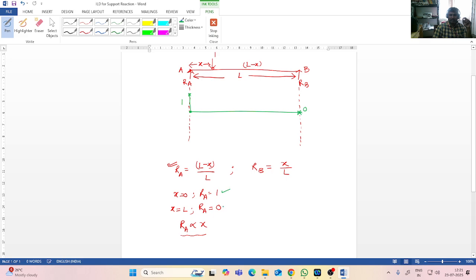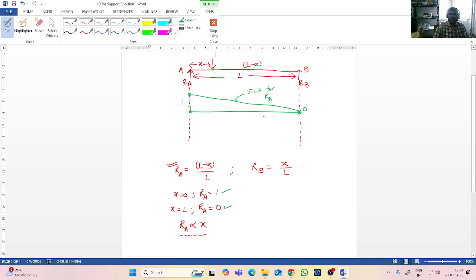Now from end A to B, the values shall follow a straight line pattern. So join this point and this point by a straight line. This is the ILD for reaction at A.